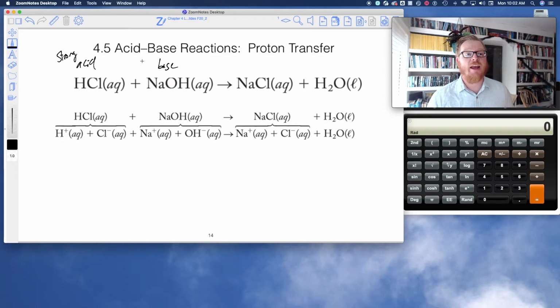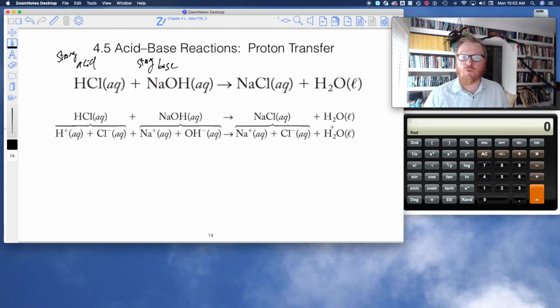As it turns out, NaOH is a strong base. Water is not a strong base, okay, but NaOH is. And what makes NaOH a strong base is given by this picture right here: when dissolved, sodium hydroxide will completely ionize into sodium plus and hydroxide, OH minus, okay?